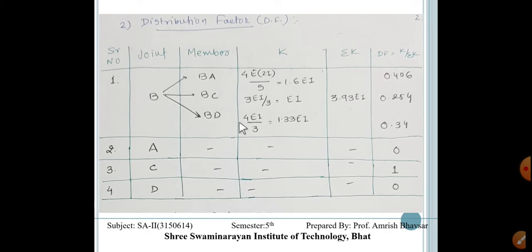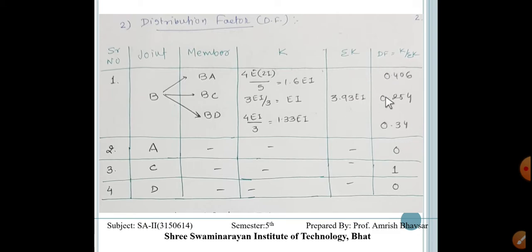And from B to D there is 4EI by 3, so it is 1.33. Now the summation of these three is 3.93EI. So here the distribution factor is 1.6 upon 3.93, which is 0.406. For this one it is 0.254 and for this one it is 0.34.